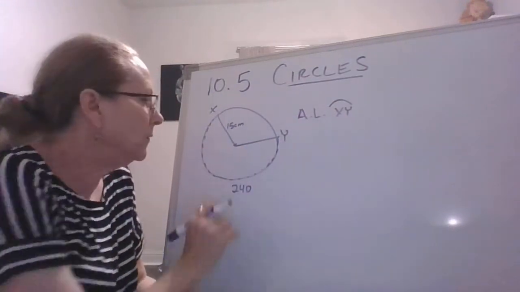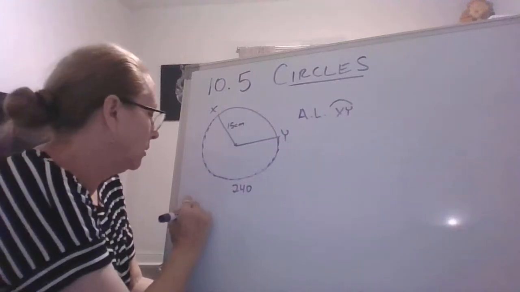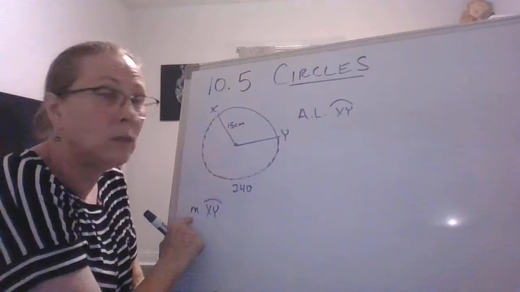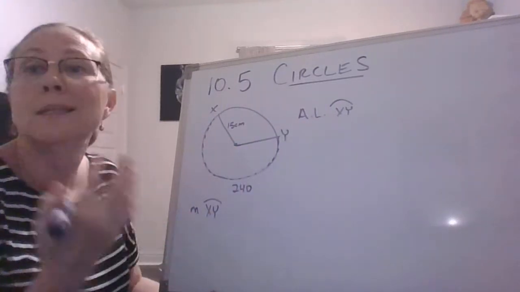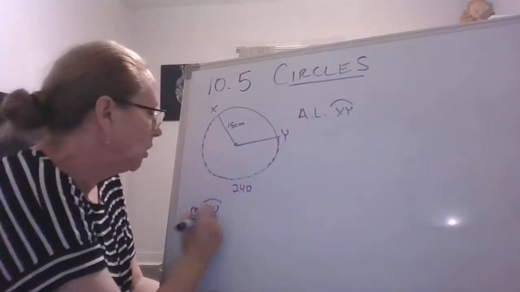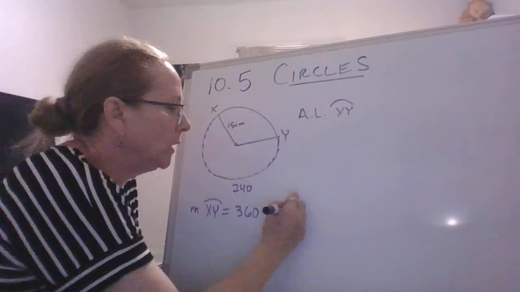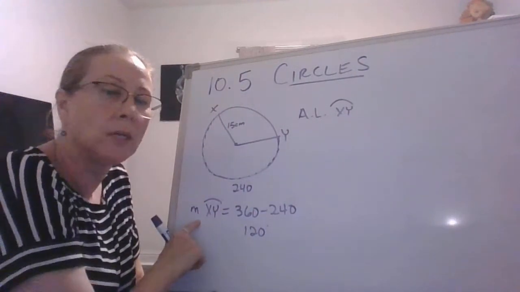Well, it didn't give us the degree measure of XY, but we can certainly find it. Remember, the measure is in degrees. The arc length is like inches, feet, meters. It's a length. How long is it? So 360, subtract 240, we get 120 degrees for the measure of XY.